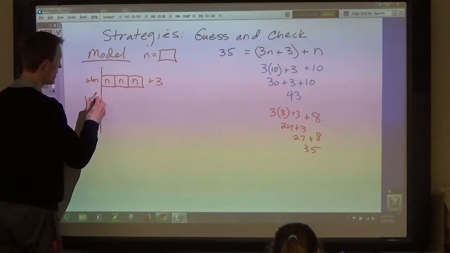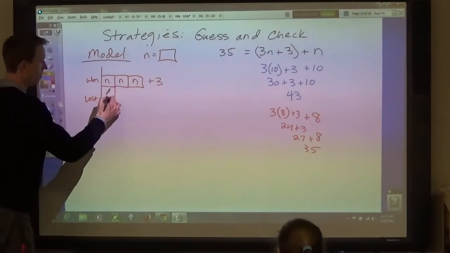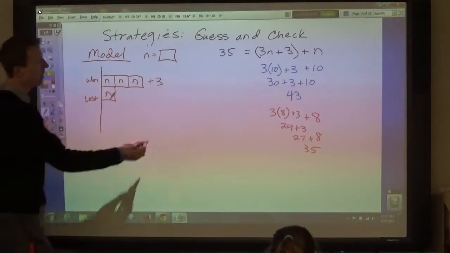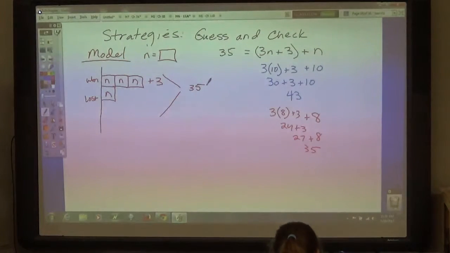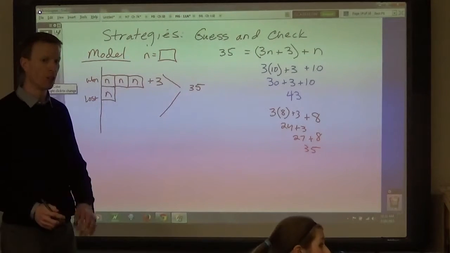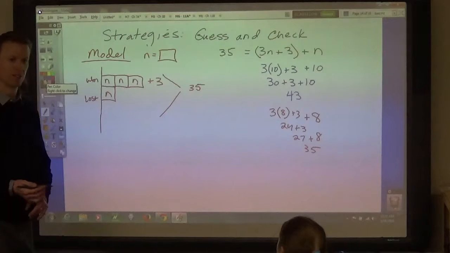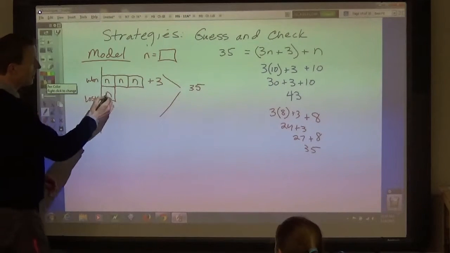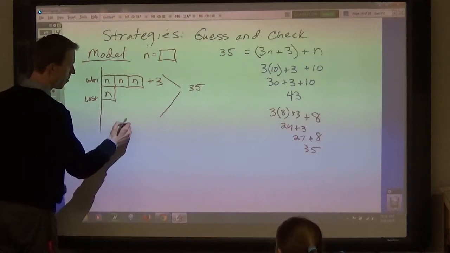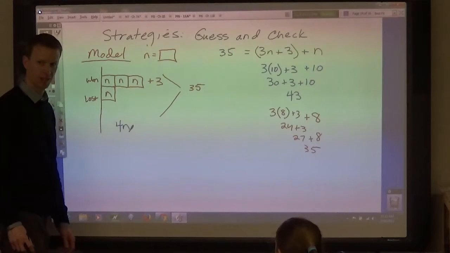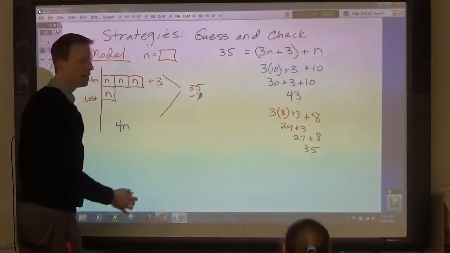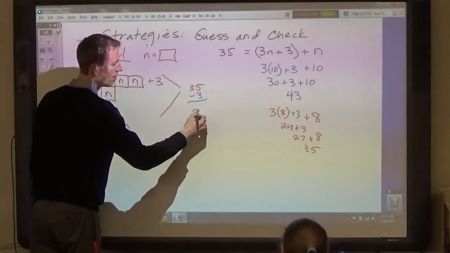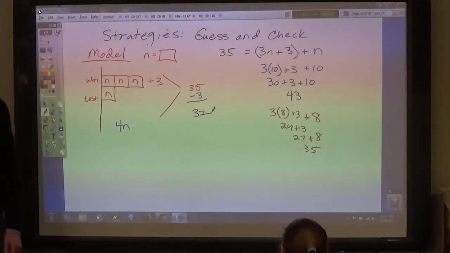And the number of games lost is also n. And then this all equals 35, right? Now, without knowing much about algebra, you can do this. Because then you can see, oh, there are 4 n's here. And there's 3, so if we take away 3, then that leaves 32.